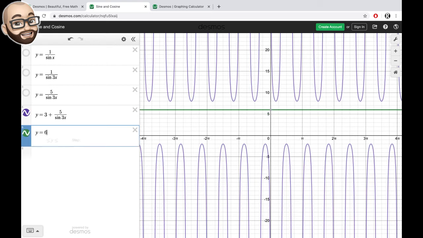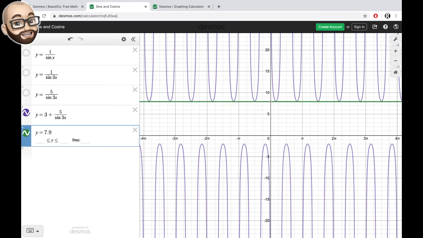If I move it up to 6, still hasn't crossed any. If I put it up to 7, it still hasn't crossed any. If I put it up to 7.9, it might look like it, but if I zoomed in, it hasn't. At 8, it would touch, and as you can see, we've even put those little grey dots on to say that these are intersecting now. So 8 would work. 7.9 doesn't work.